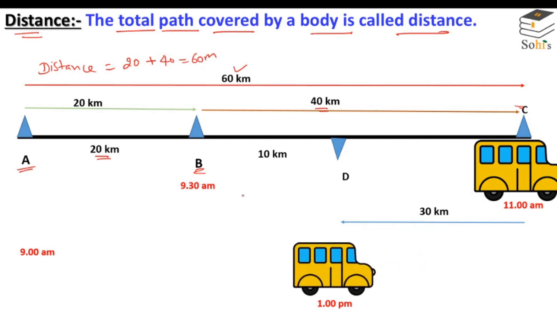Now if the body comes back to point D, covering a distance of 30, then the total path covered becomes equal to 90 kilometers.